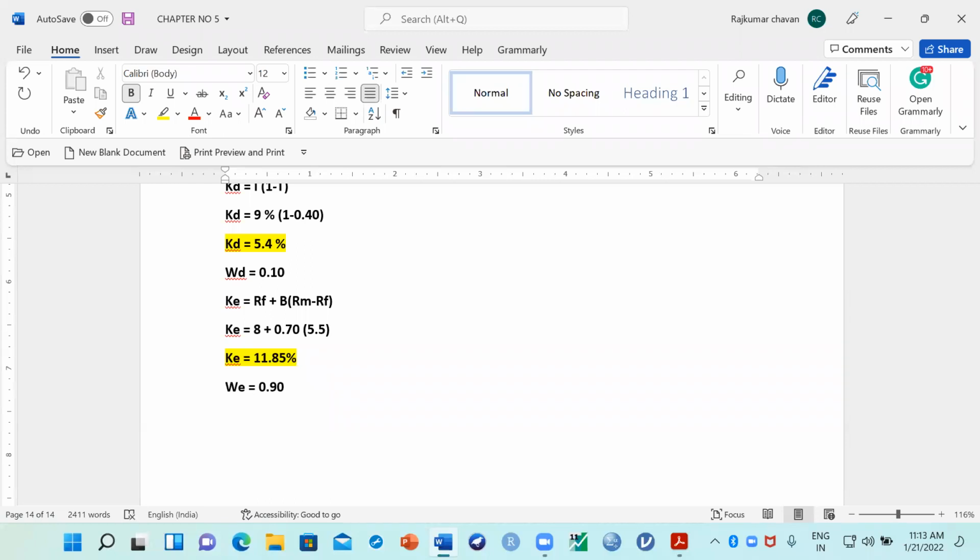So now can we calculate the total overall cost of capital? So we can say KD WD plus KE WE. The total overall cost of capital is, what is the cost of debt?